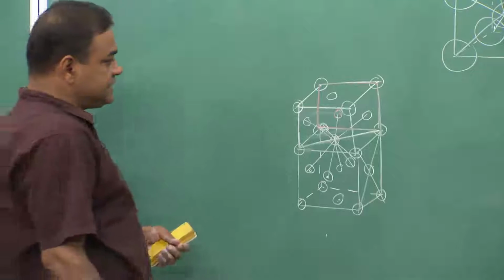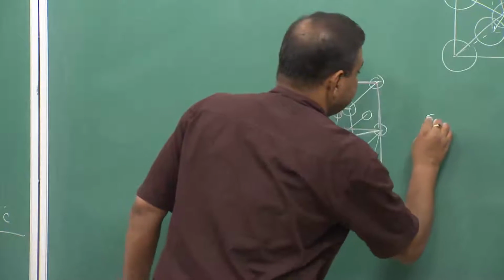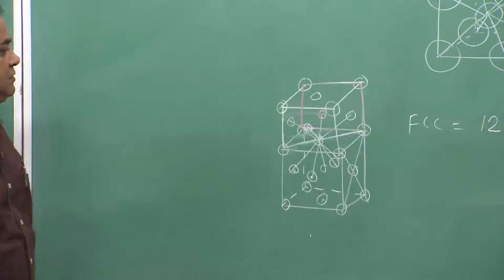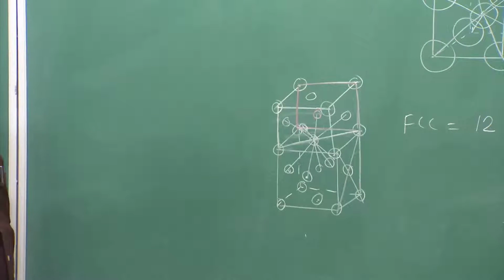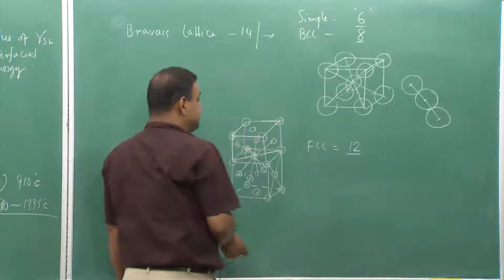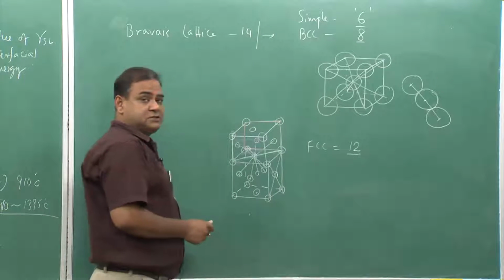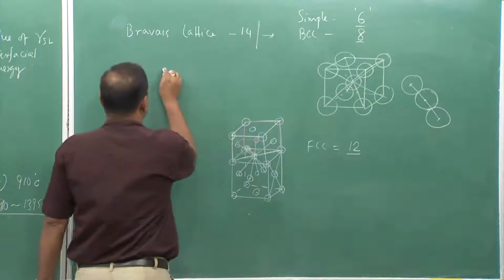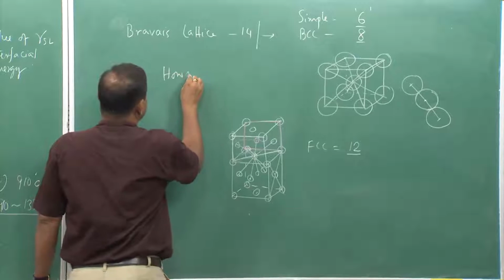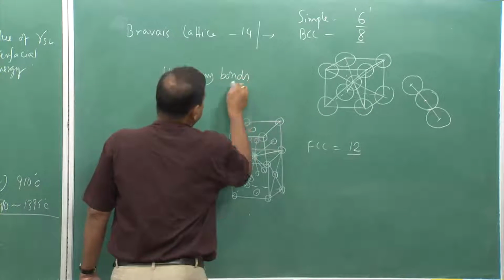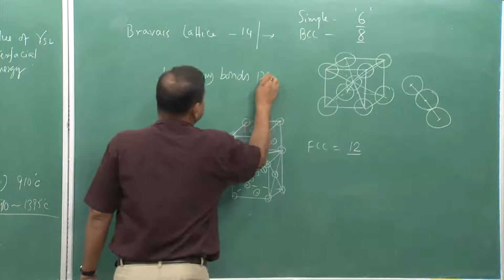So, that suggests that in case of FCC there are 12 nearest neighbors. So, with 12 nearest neighbors, each atom will have 12 bonds. This information is very critical. So, how many bonds will be there per atom?